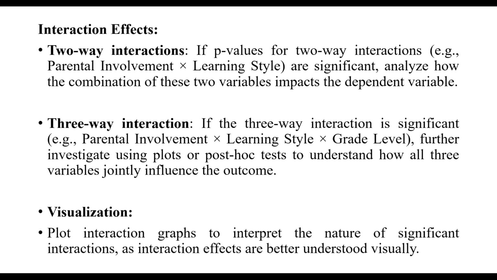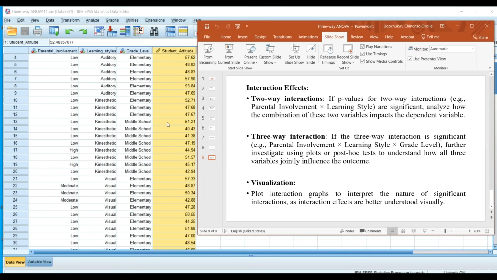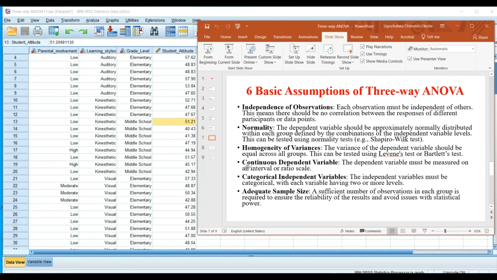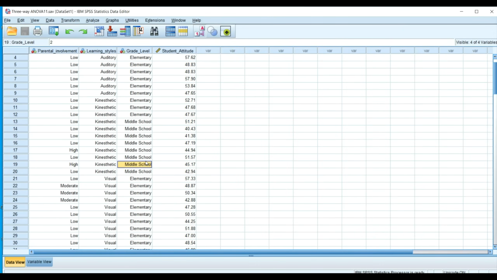So you can use graphs, bar charts or line charts to illustrate how the relationships are faring, okay? So at this moment, let us head over to SPSS and perform the analysis, having had the little background information.